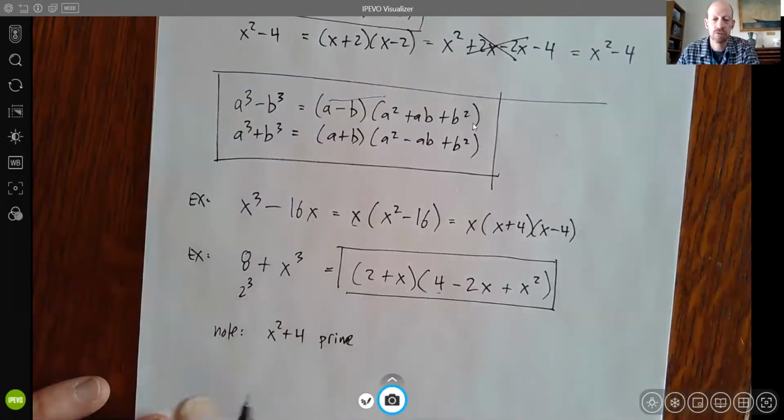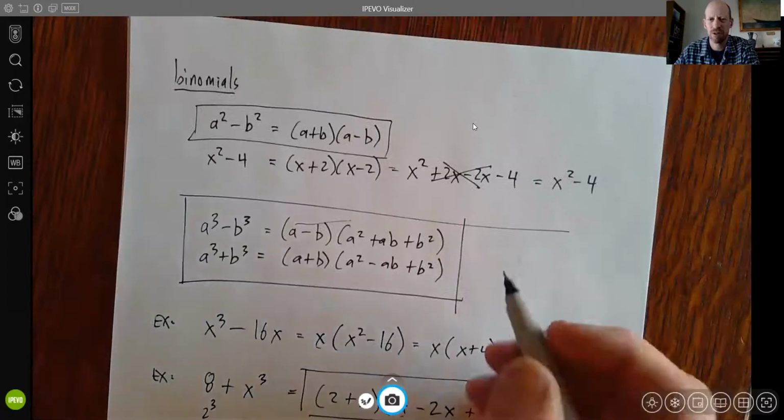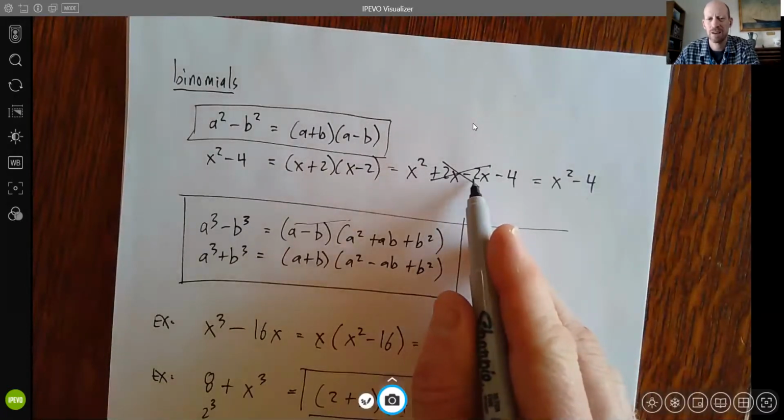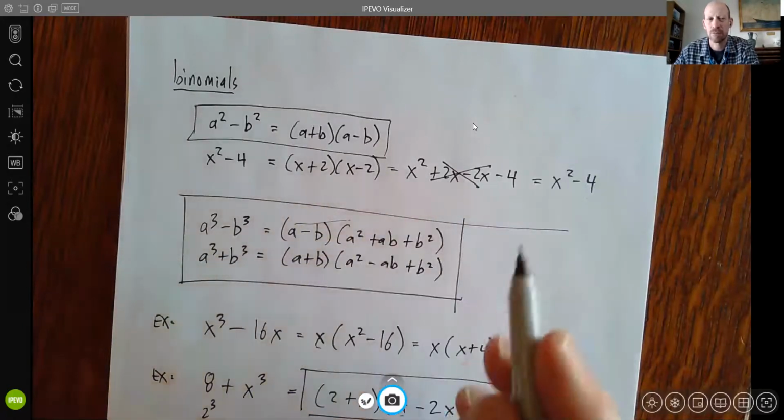The sum of 2 squares is always prime. You just can't factor that. If you don't believe me, you should try it, and you'll see that you can't get the middle terms to cancel and the last term to be positive. The only way for those middle terms to cancel, like what they did here, is for one to be positive and one to be negative, which forces that constant term to be negative.